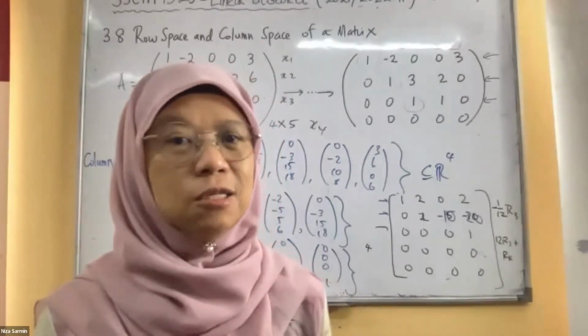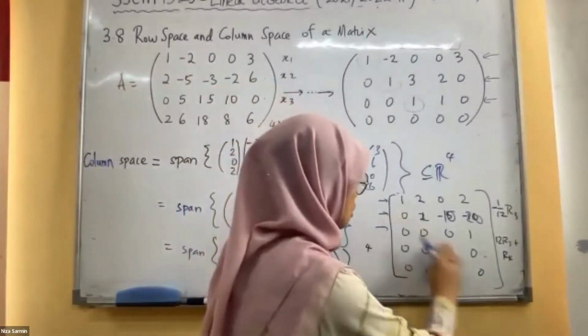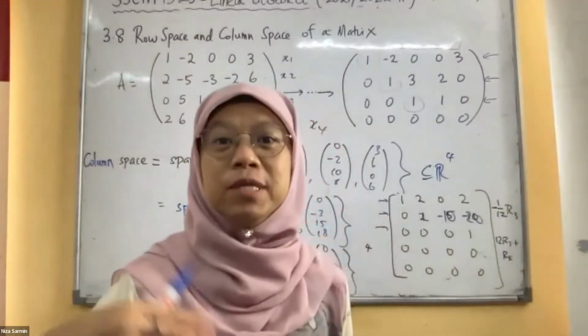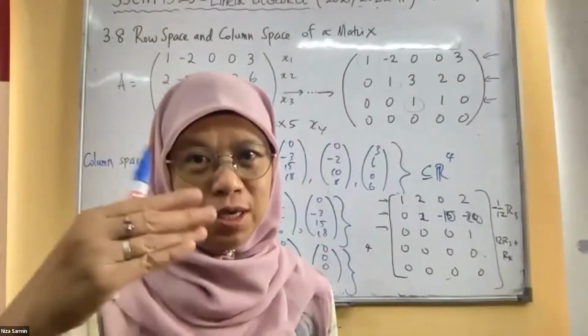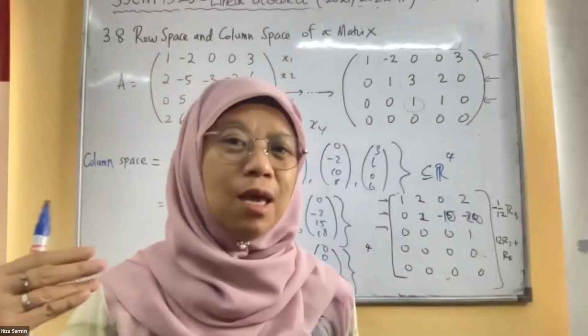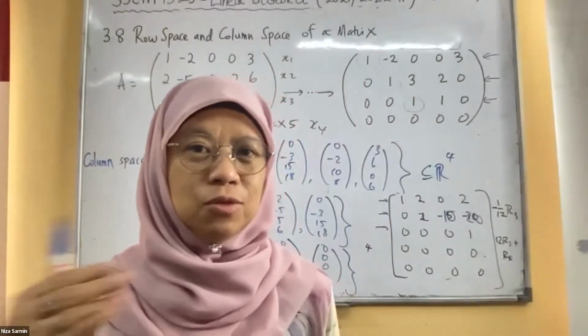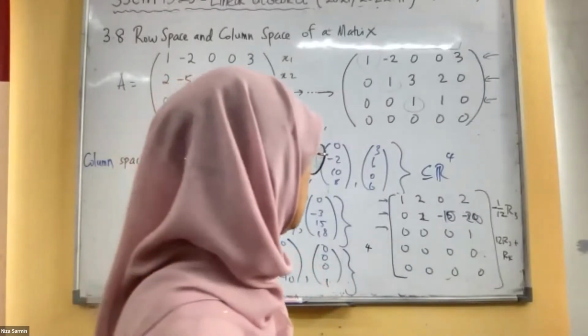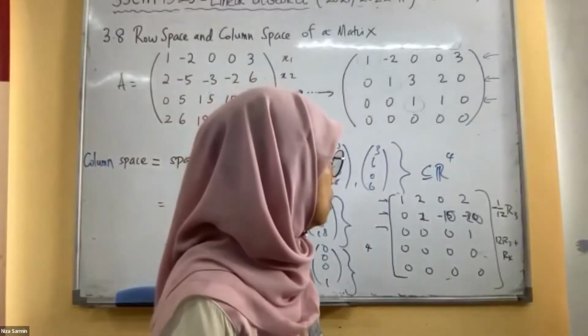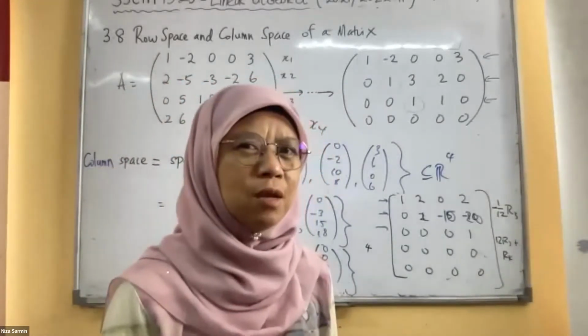As long as you can reduce, upper triangular is also okay, but it's not really a square matrix, right? So just reduce, because sometimes you get fractions, and you don't want fractions.